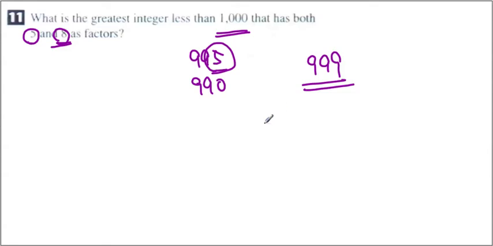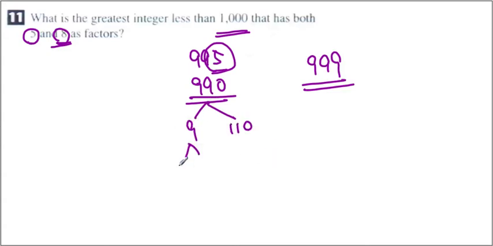So essentially what we're looking for is numbers that end with 0. And those are the only possible candidates. So now 990, is that divisible by 8? We know that it is divisible by 5. So if you look into this one, then you will realize that this in fact is made out of 9 times 110.